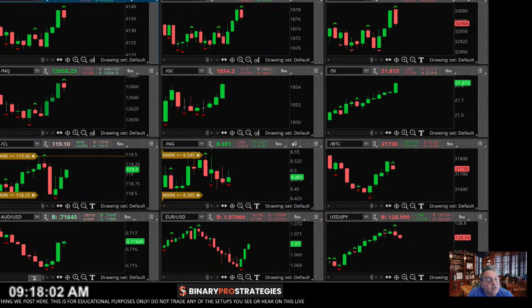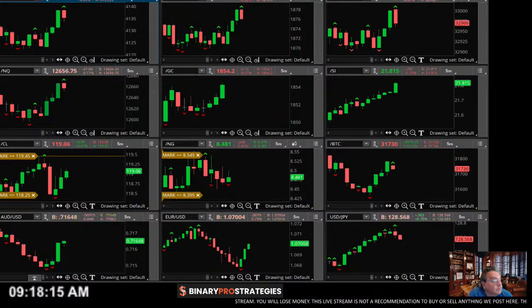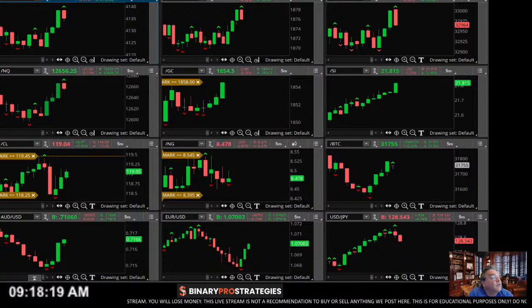It's slightly below, at 1854. Target on that is going to be 1858, and reversal is going to be 1849.